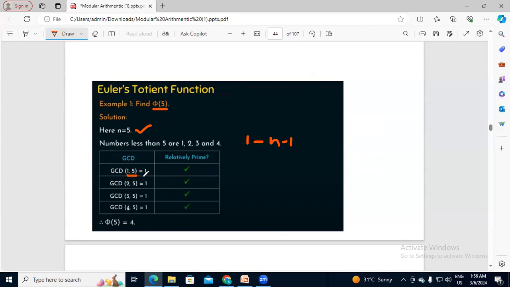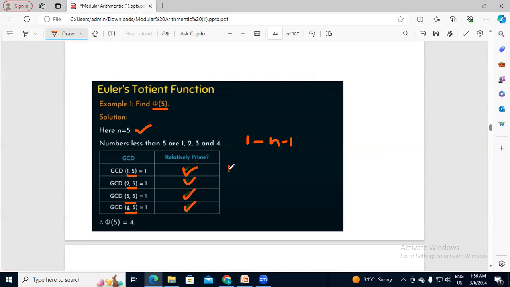So GCD of 1 and 5, 2 and 5, 3 and 5, 4 and 5. You need to find the GCD and check whether they are relatively prime. If GCD is 1, relatively prime, relatively prime, relatively prime.